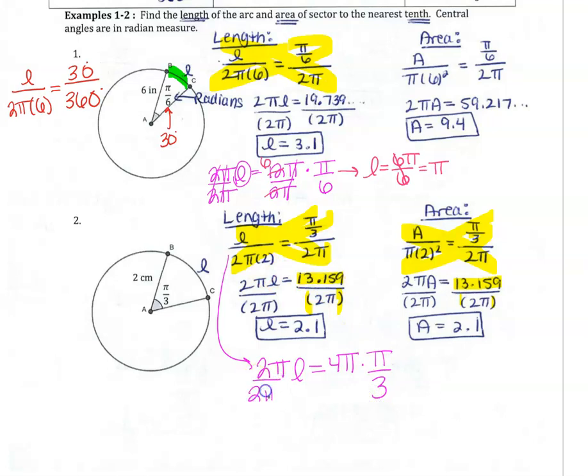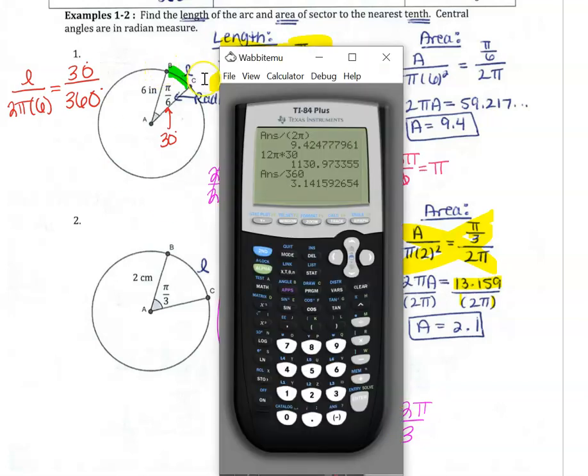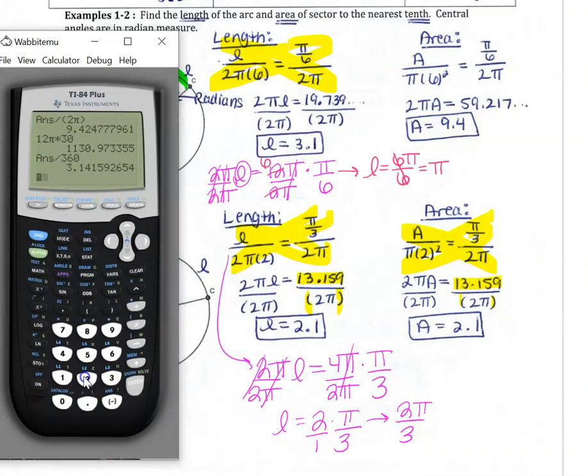If I divide by 2 pi, pi's would drop out and 4 divided by 2 is 2. And this ends up just simplifying to 2 pi over 3 by multiplying top and bottom. So just to confirm this, let me grab my calculator. 2 pi divided by 3 is 2.1.